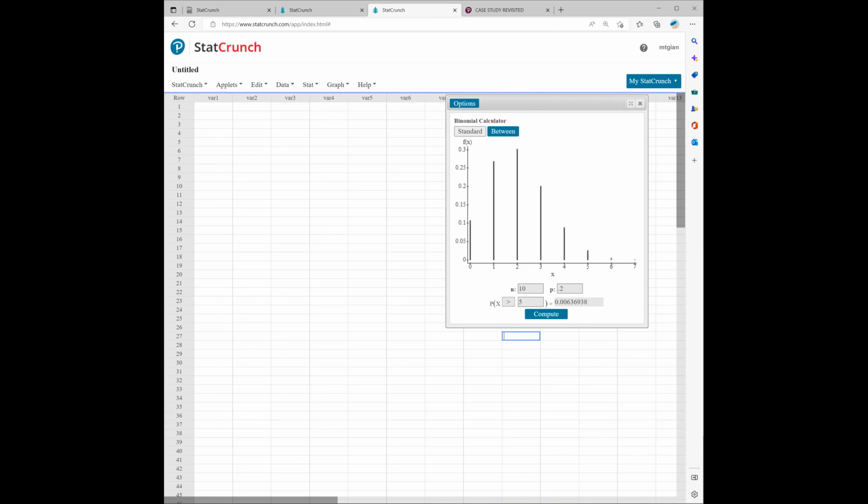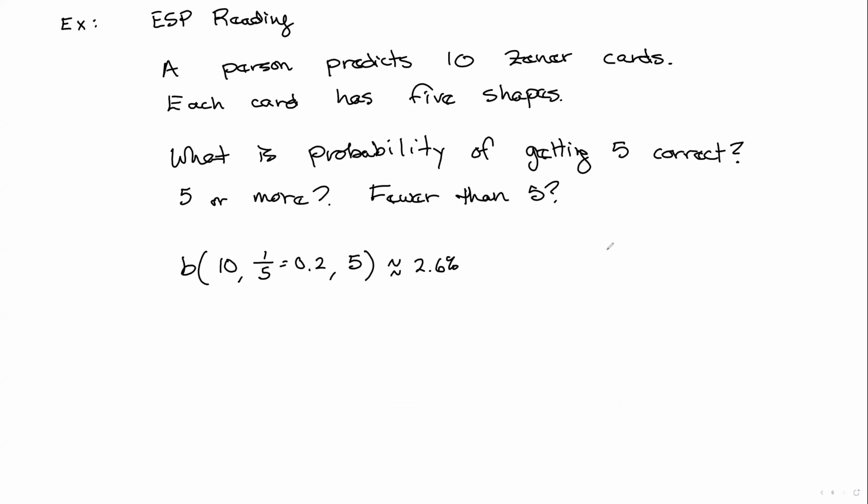Okay, so let me just put a little note about that on this page. We've got 5 or more versus more than 5. So you got to be careful here with the language, and that is the number that they give you, is that included?